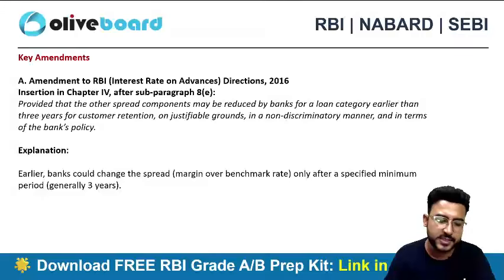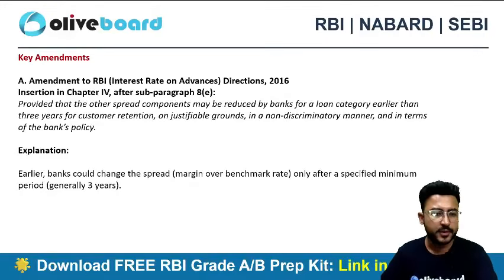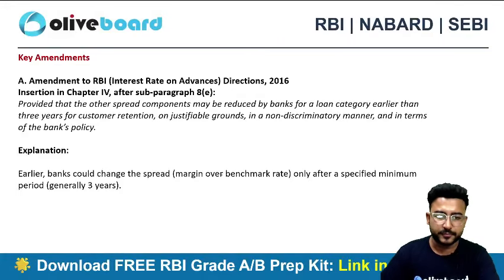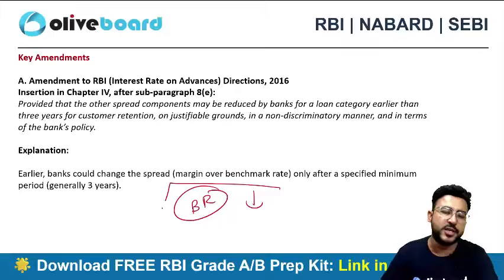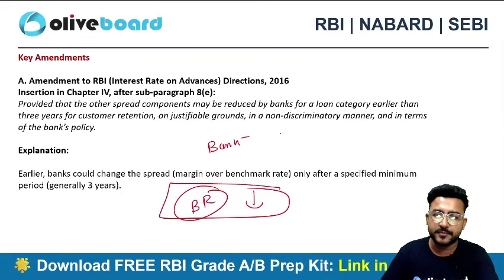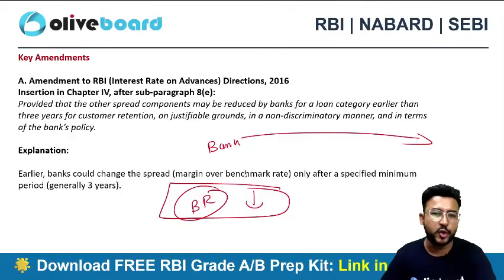Earlier, let's suppose there's any kind of change, right? Let's suppose the Reserve Bank of India is changing the repo rate, right? The benchmark rate. There is a reduction in the repo rate. So will the bank immediately pass this on all the loans?